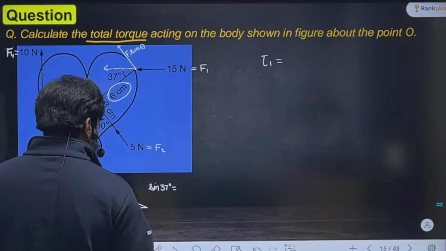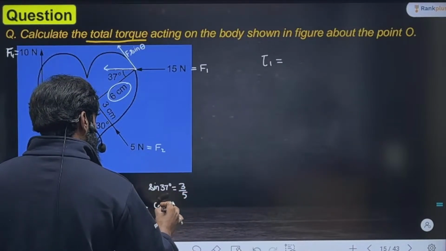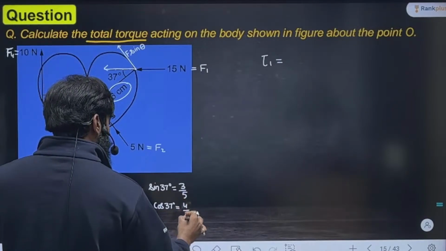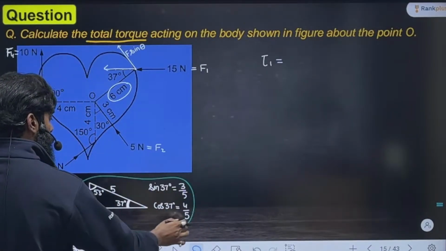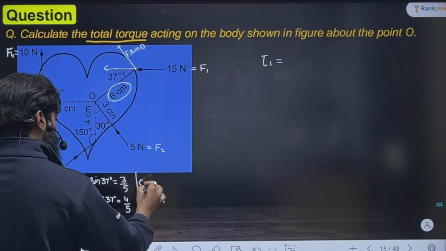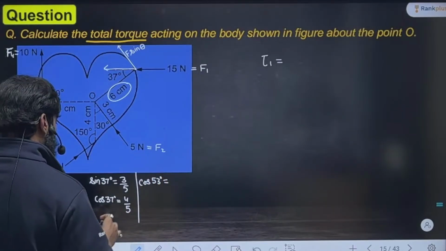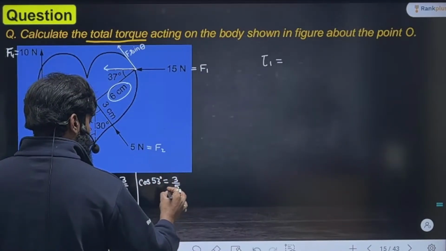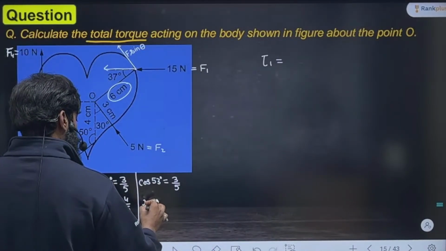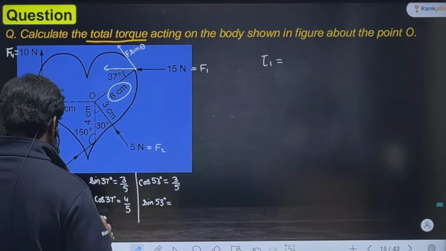Sine 37 degree is perpendicular by hypotenuse, 3 by 5. Cos 37 degree is 4 by 5. Cos 53 degree is 3 by 5. Sine 53 degree is 4 by 5.